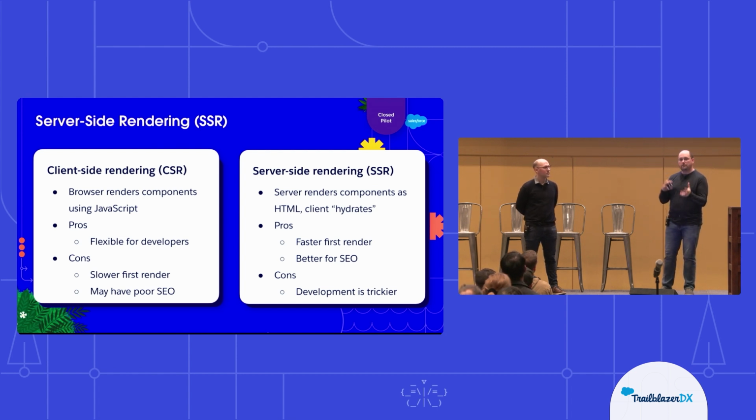There are benefits that are well documented, but it is inherently more complex. So I would also add development is trickier, and I'm going to go into a little bit of why that is in the next few slides. There are trade-offs here. Definitely, there are boons for your end users, but for you, the developer, there's more work involved. And we will be trying to smooth out the offering as much as possible.